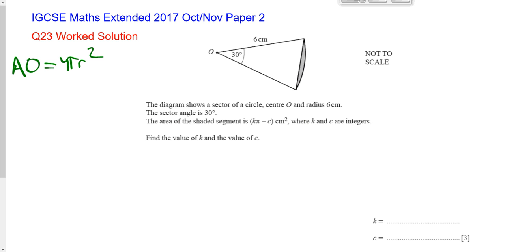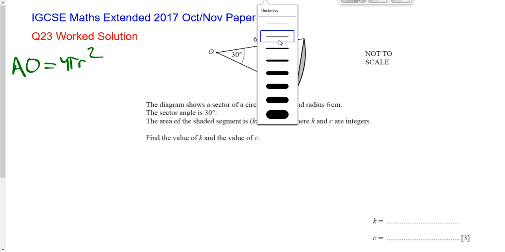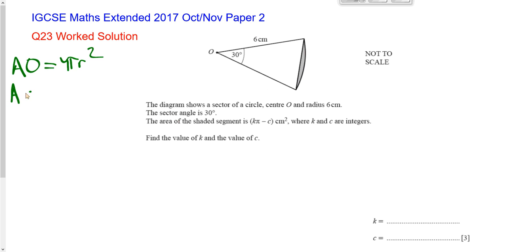So the area of my sector is going to be equal to 30 over 360 multiplied by pi multiplied by the radius, in this case 6 centimetres, squared.